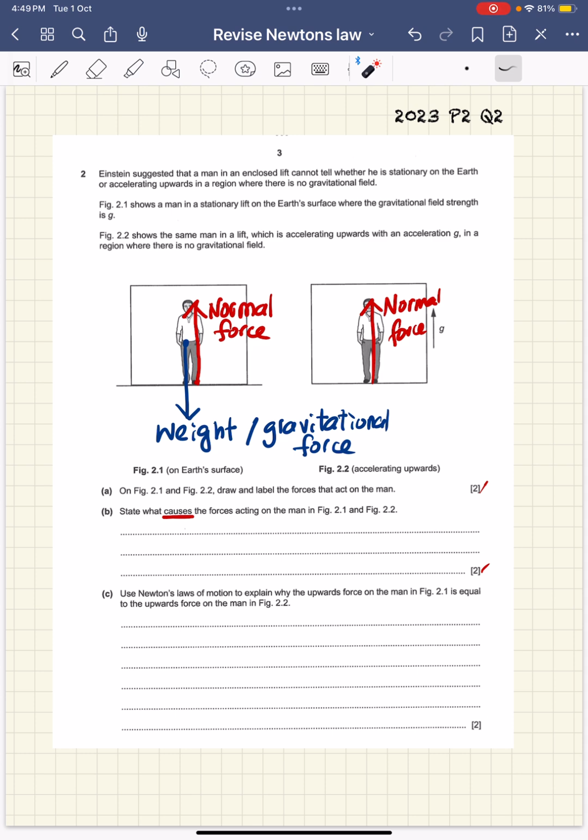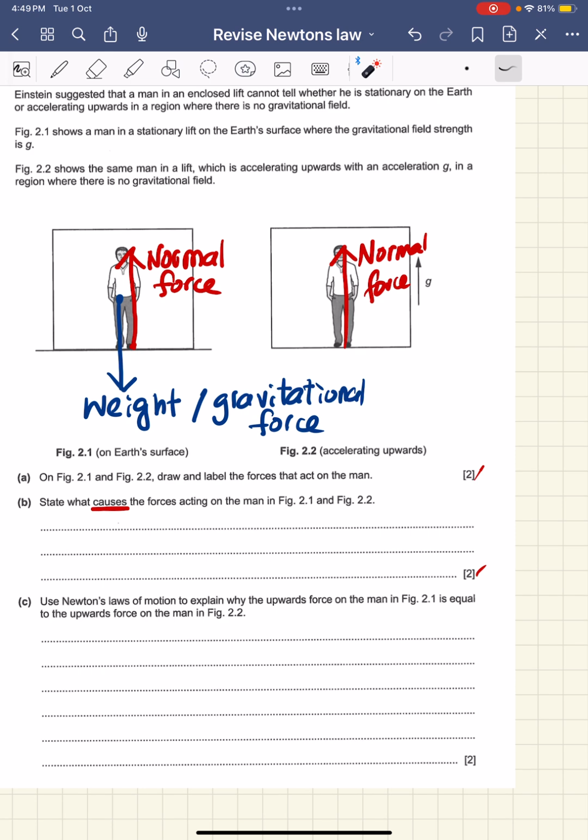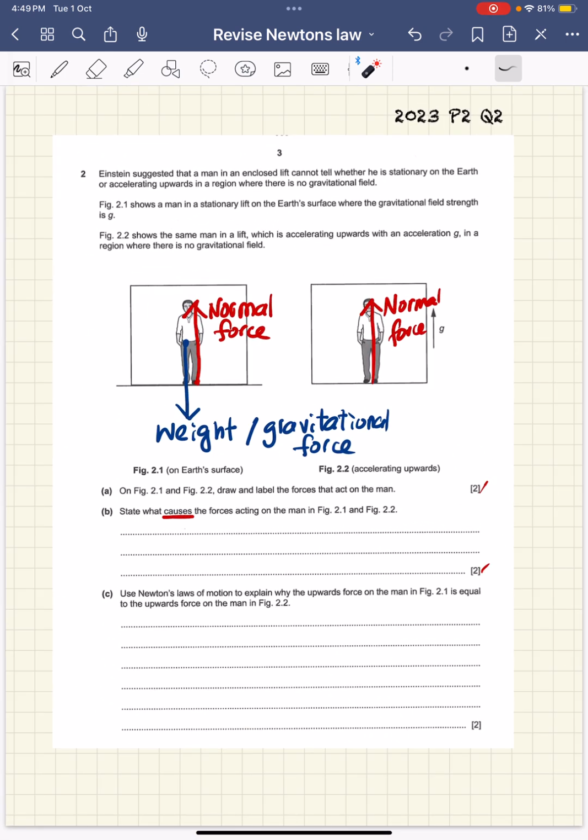What they are looking for is, for example, the first force, which is the weight, or gravitational force. What causes this force? To answer in the most straightforward manner, you would just say that the weight is the gravitational force by Earth on the man.